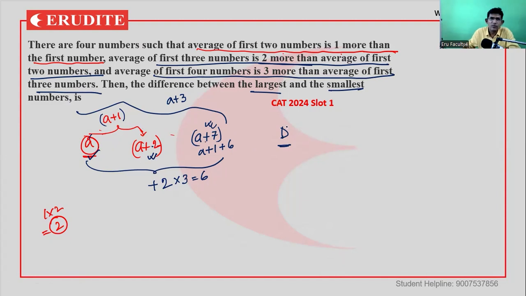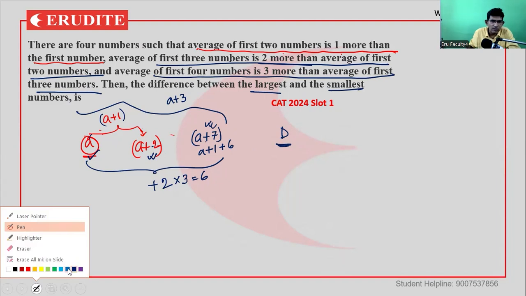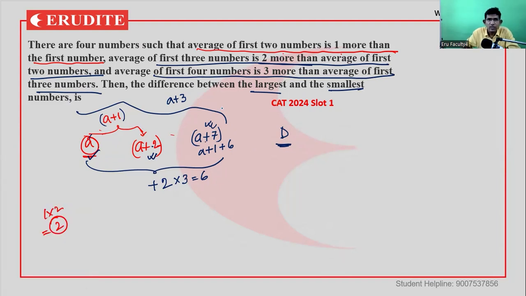Again the same logic: if the value of D was A plus 3, then the average would have remained the same. But the average has increased by 3.